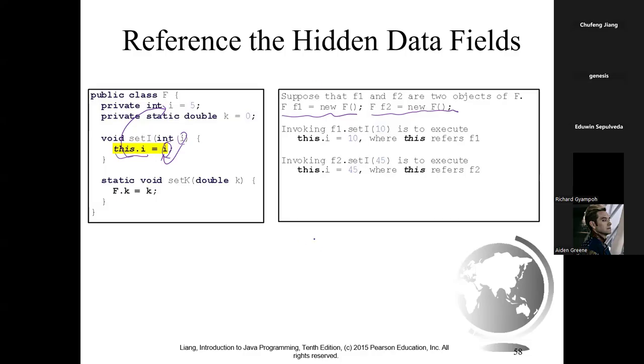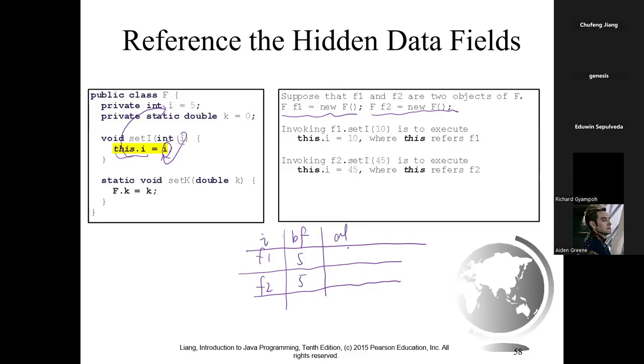So after these two set methods, initially, okay, let's see, f1, f2. Before, f1's i is 5.